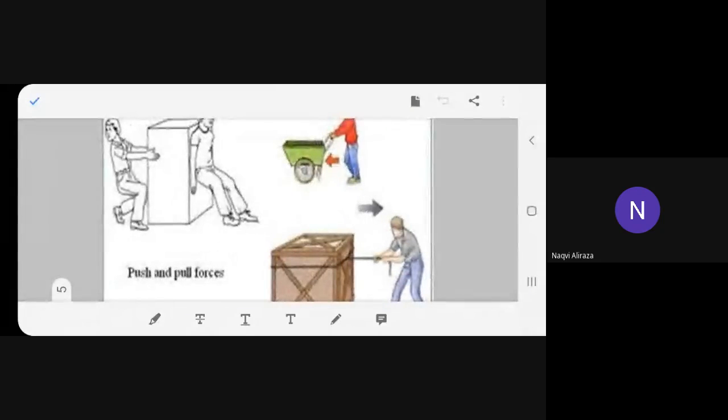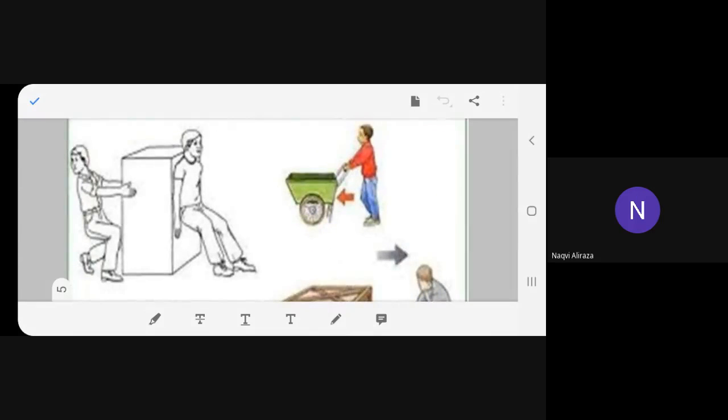Now what are these? Ma'am, in the first picture, one boy is pulling and one is pushing. Very good, very good. So this is the combination, right?